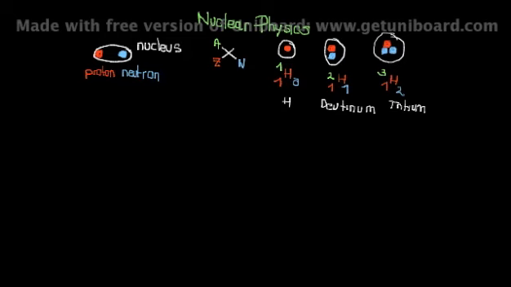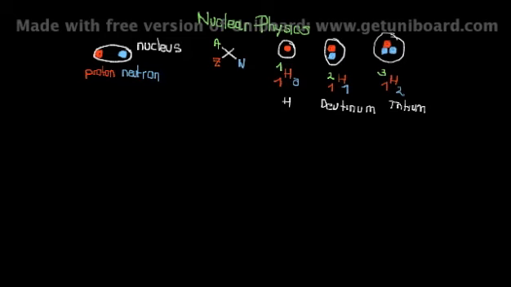So we have the same symbol to express different nuclei, and each nucleus has the same number of protons but a different number of neutrons. In this case those extra nuclei are isotopes of the hydrogen.